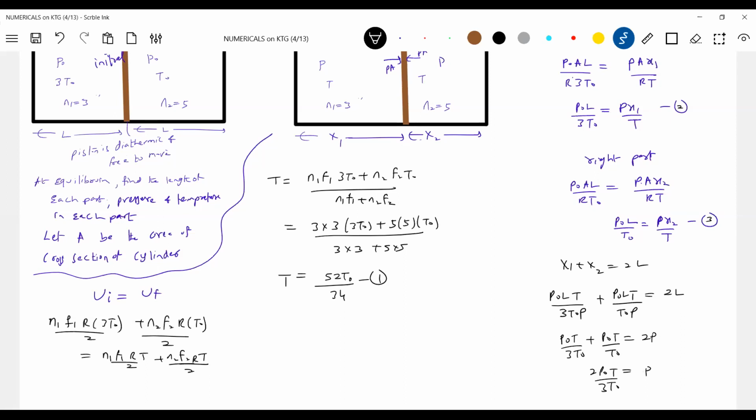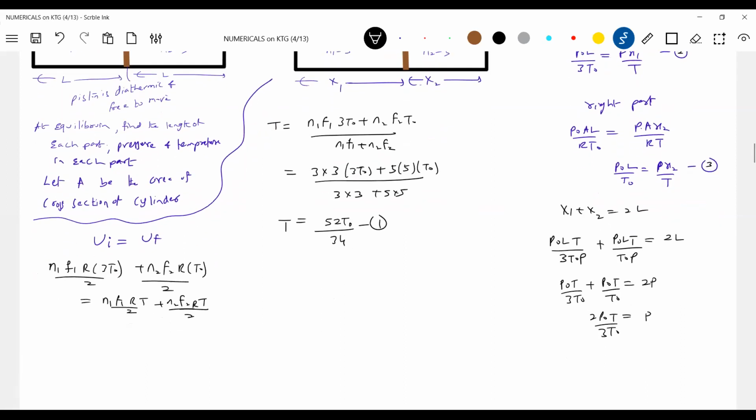No, T by T naught, we have 52 by 34. I'll substitute here. So 2 P naught by 3, 52 by 34. Anybody value P? 52 by 51. So what happened? The pressure in each part has increased.